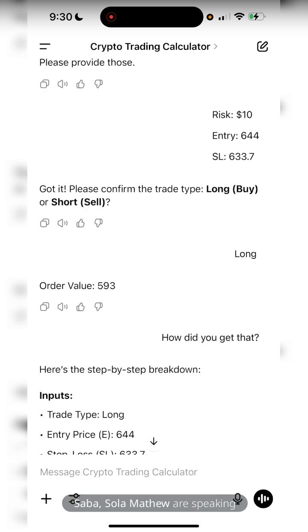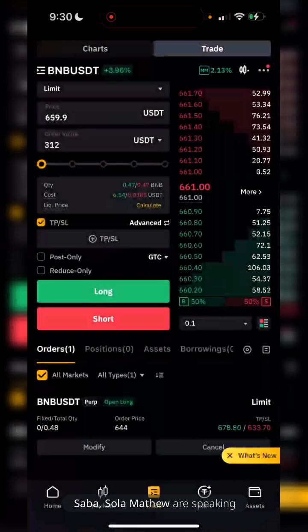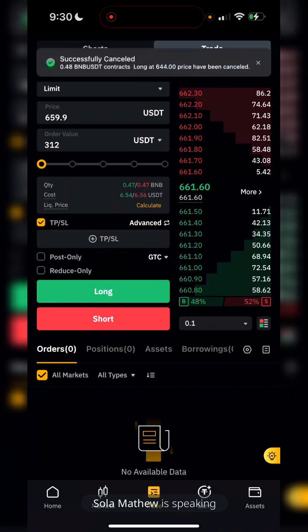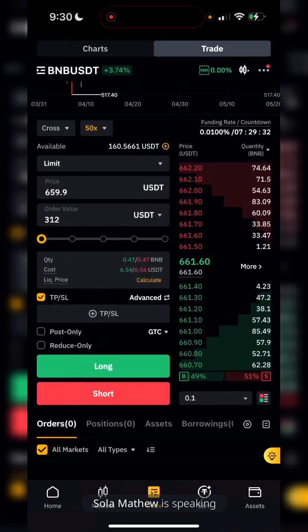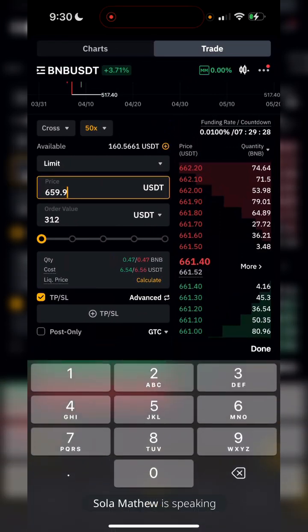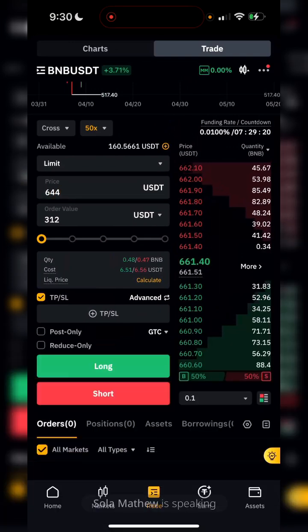All right, so let's go and do that. Let's go back to the trade. I will need to cancel this one. The trade has not triggered, so I can just cancel it. If you come here, the price that they say we should enter is how much? 644. I even made a mistake there. So 644.